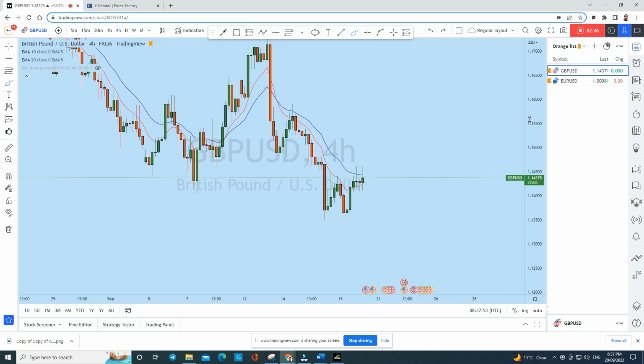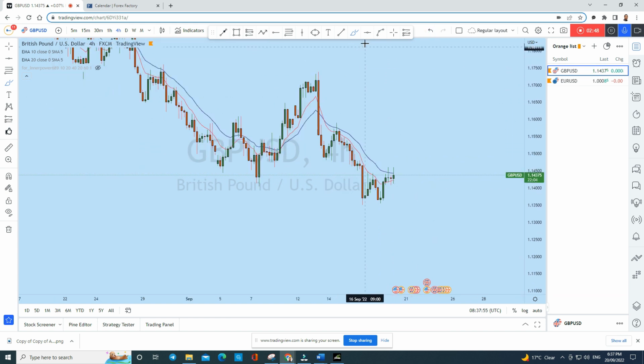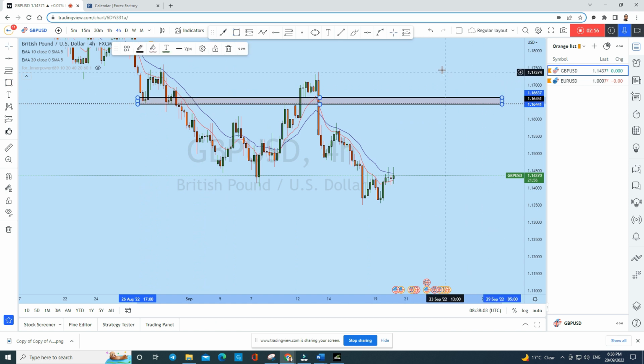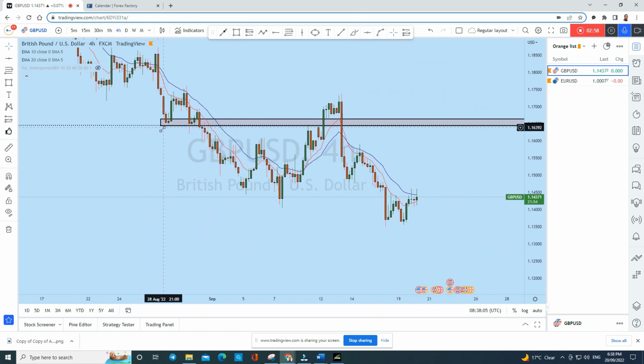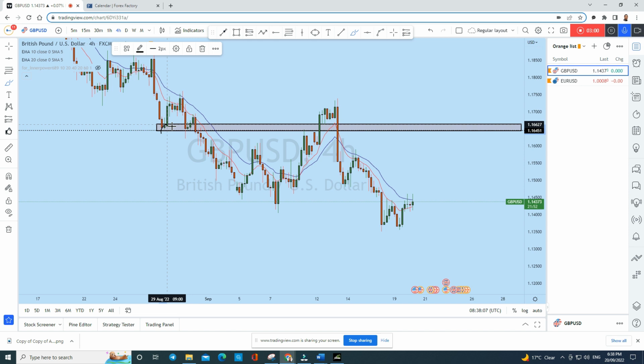I think GBP/USD might come to this important level of support and resistance, which has not been tested. This was a support here in this zone, and the same level acted as resistance here, where we see a reversal pattern, a double top, which then broke down. This previous support has not been tested as resistance.